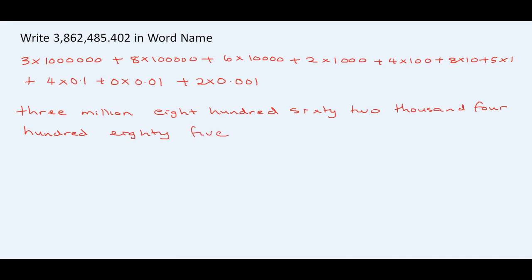Now we have 4 tenths. Okay, this is 0 hundredths, and then we have 2 thousandths. So this is how you deal with writing numbers in word form, whether it's a whole number or a decimal number.